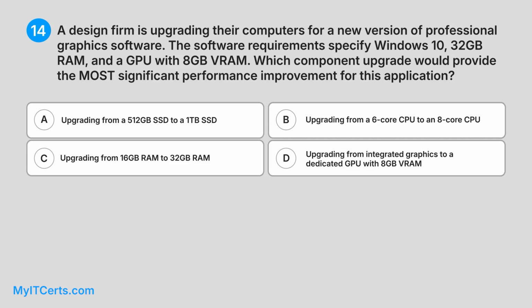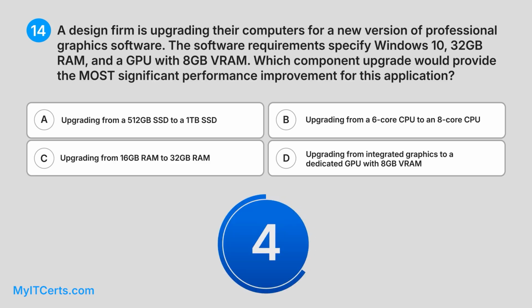A. Upgrading from a 512 GB SSD to a 1 TB SSD. B. Upgrading from a 6-core CPU to an 8-core CPU. C. Upgrading from 16 GB RAM to 32 GB RAM. D. Upgrading from integrated graphics to a dedicated GPU with 8 GB VRAM. Do you know the answer?